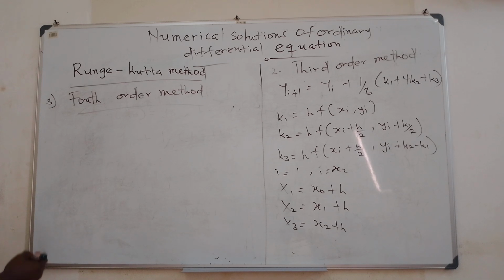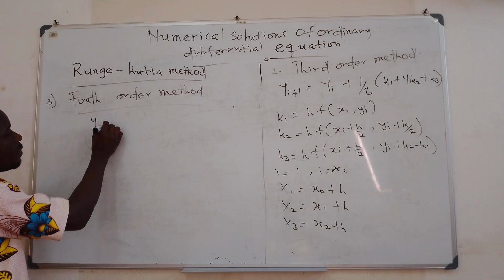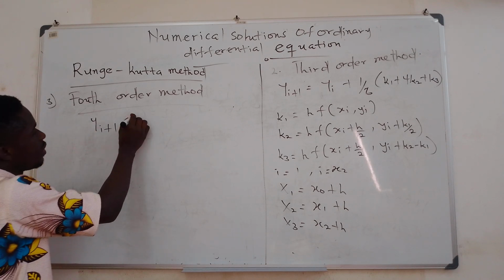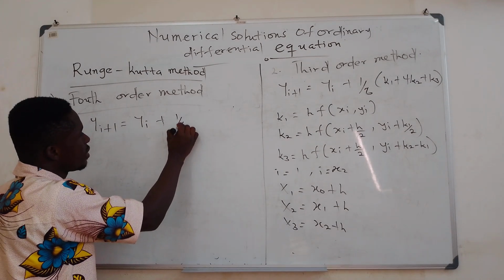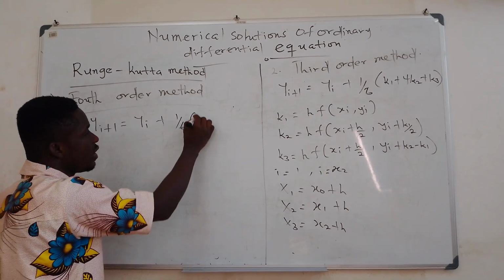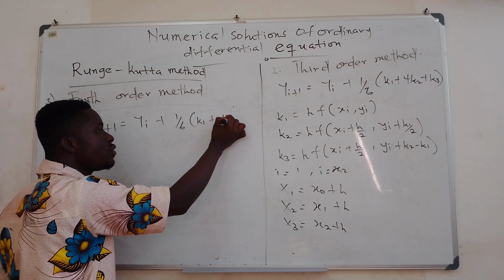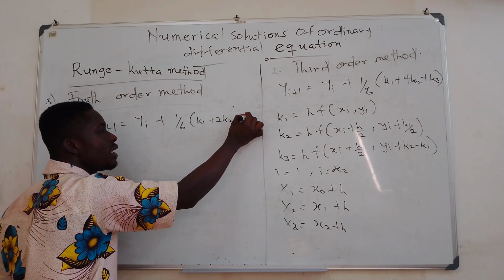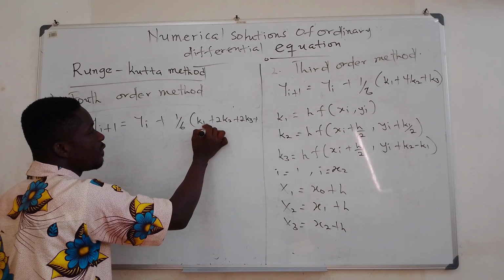The fourth order method is y of i plus 1 equals yi plus 1 on 6, you write your k1 plus 2 multiplying k2 plus 2 multiplying k3 plus your k4.